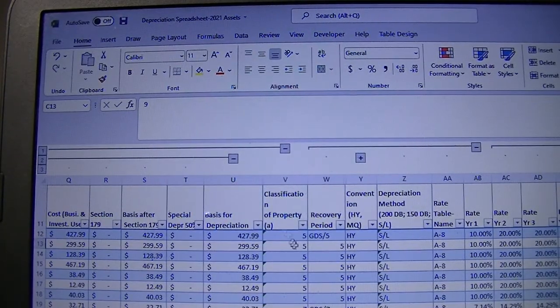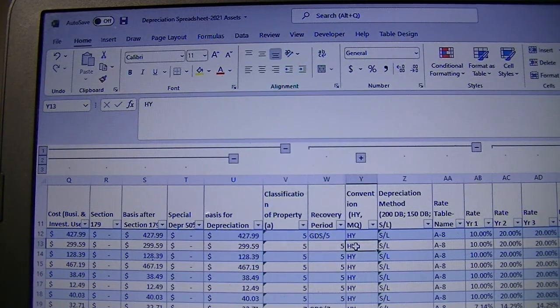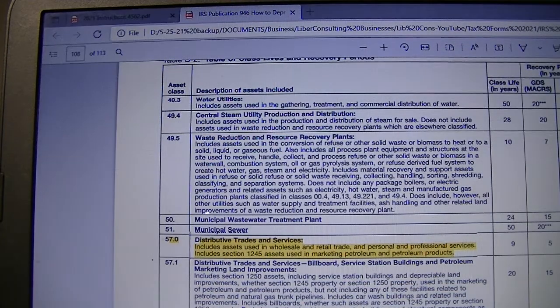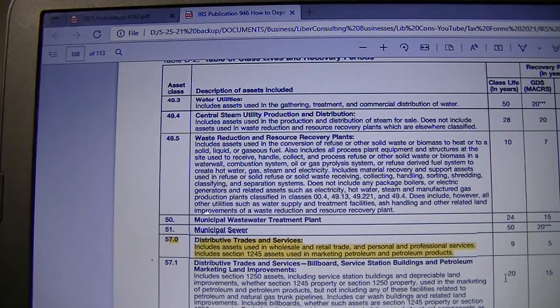We know that the classification of property is going to be 5, and the recovery period is 5, and we know we are going to use a half year because everything here is placed in service before the last quarter, or most of them.